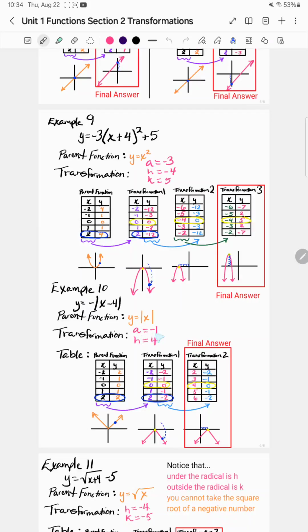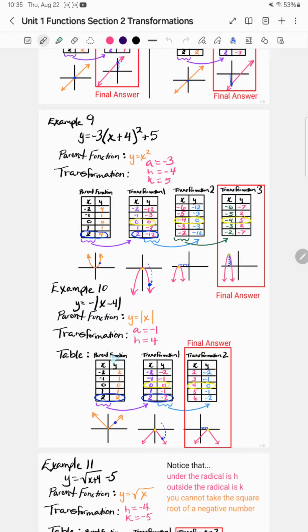So I get A equals negative 1. Then I see inside of the absolute value bars, I have a minus 4 here. That's H because it's inside there with the X, not written outside of it to be the K. So it's H and it's opposite sign, so H equals 4.